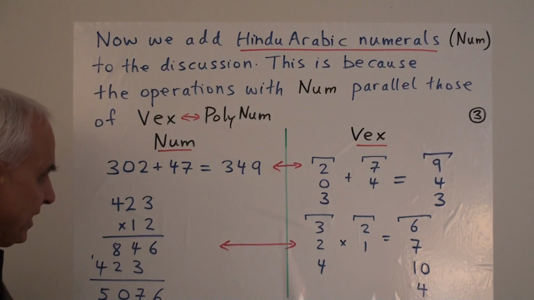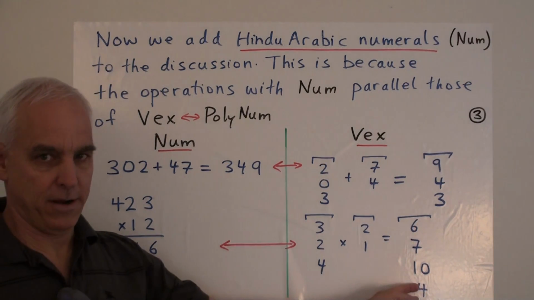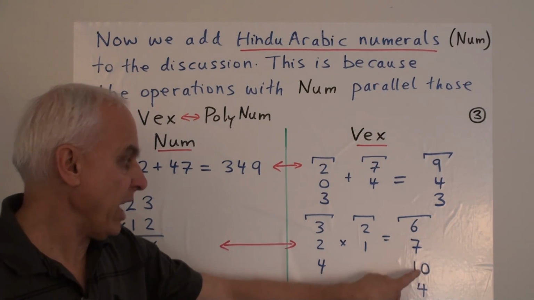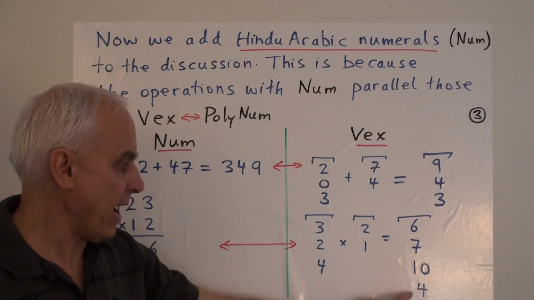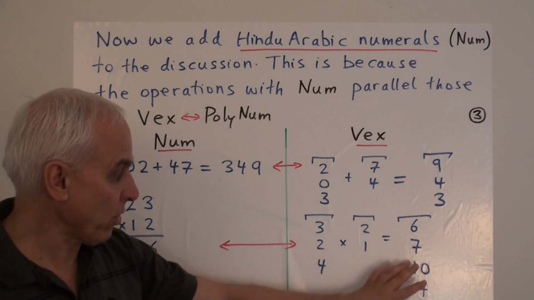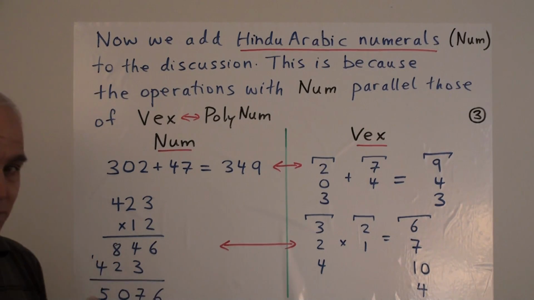A slight difference is that over here we're not compelled to carry. Right? We don't mind having 10 in that spot. We're not obliged to change that 10 into a 0 and add 1 to this 4 to make it 5. So in the vexil world we would not do that. But over here in the Hindu Arabic world we do that.